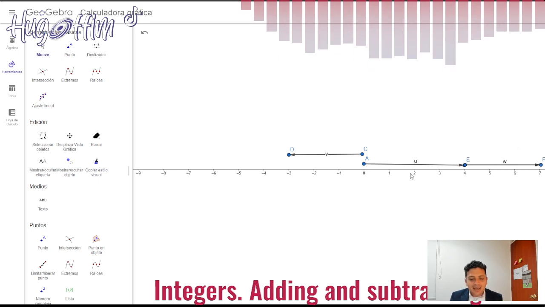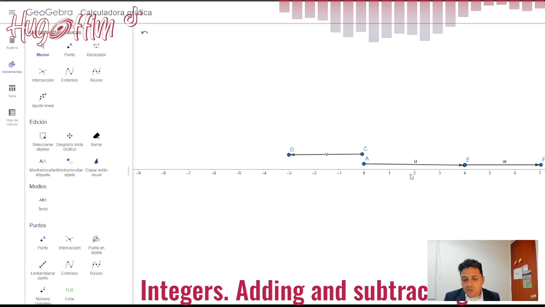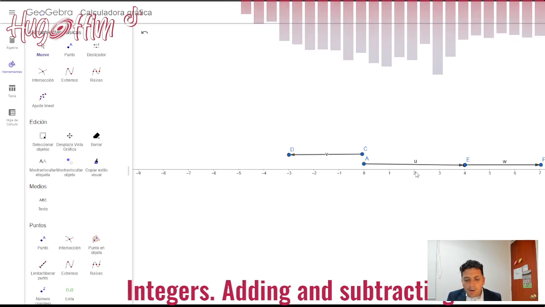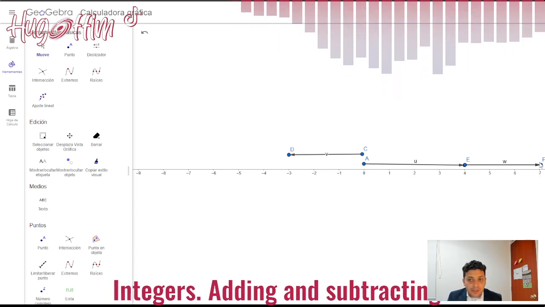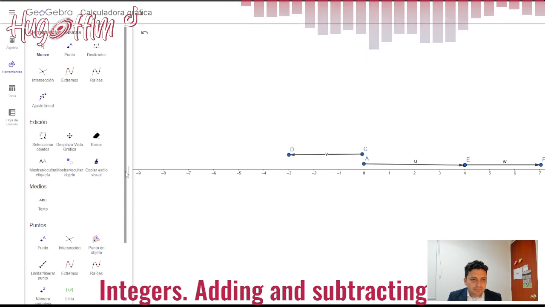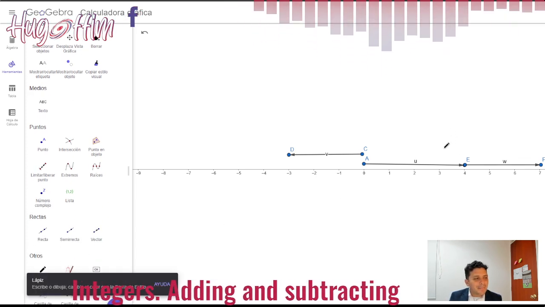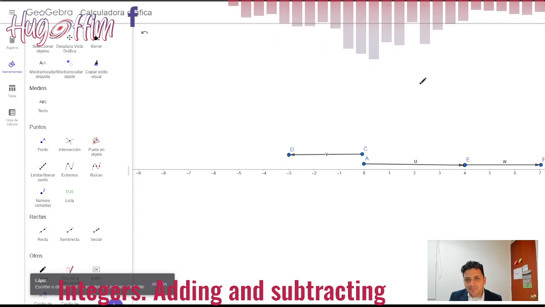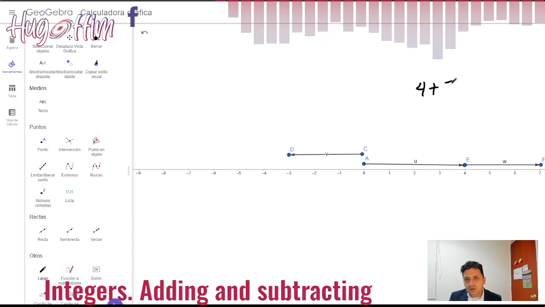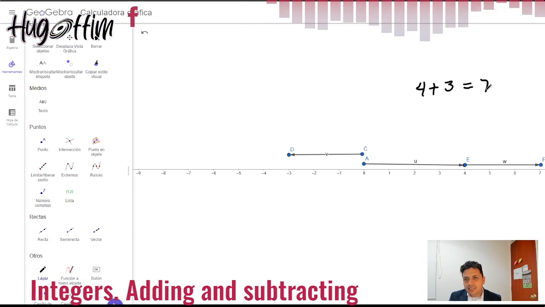In this case, the addition of two numbers is just 4 plus 3, that is going to be 7. Maybe it's pretty simple for you, but this is the main idea of adding these two numbers. So 4 plus 3 equals 7.